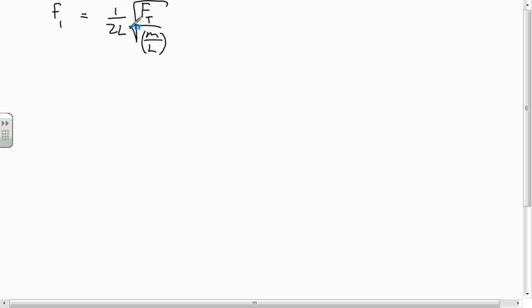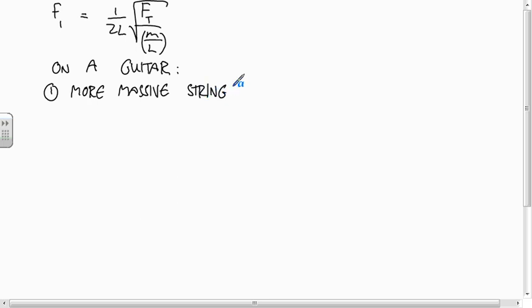What are some of the things that you know about a guitar? On a guitar, first, the more massive strings give lower fundamental frequencies.